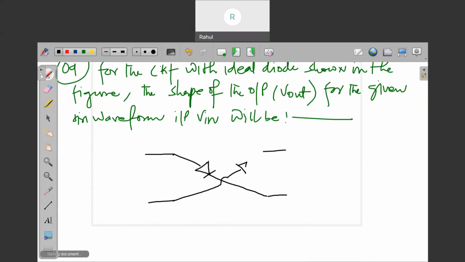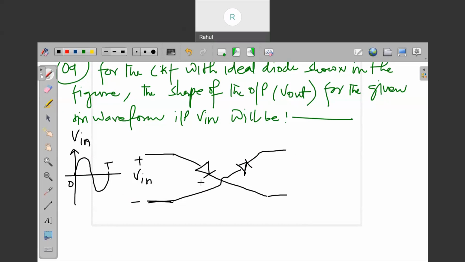There is a diode again, and there is an input applied, V in, a sinusoidal input. One cycle they have given, from 0 to capital T. There is a resistance, and you have to find the voltage across it, plus to minus V out.